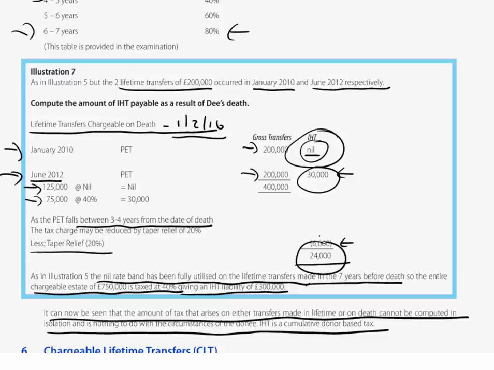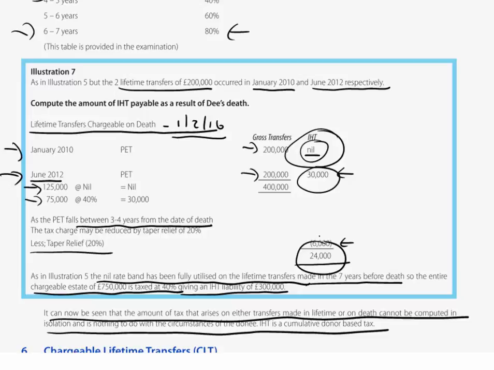So on that 200,000, a PET taking place in 2014, maybe June 2014, there, no nil rate band available. 40% of 200 is 80,000. No taper relief available because this is within 3 years of the death of the taxpayer. So £80,000 difference in tax charge.